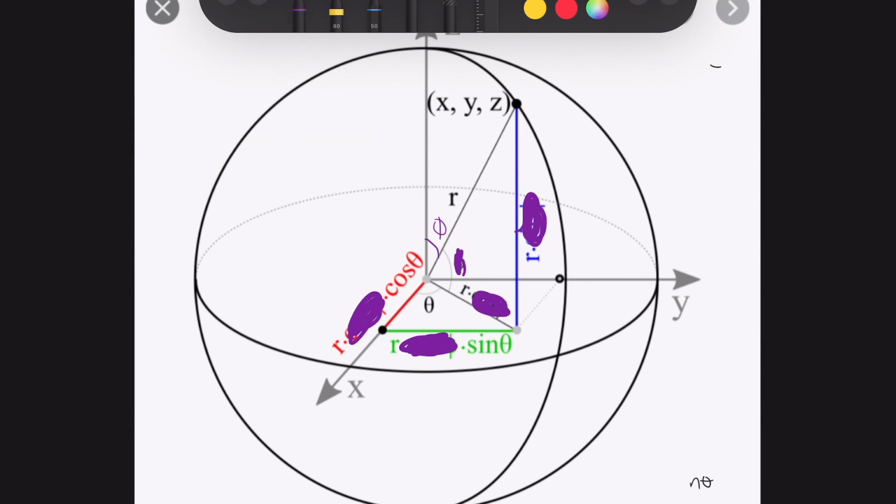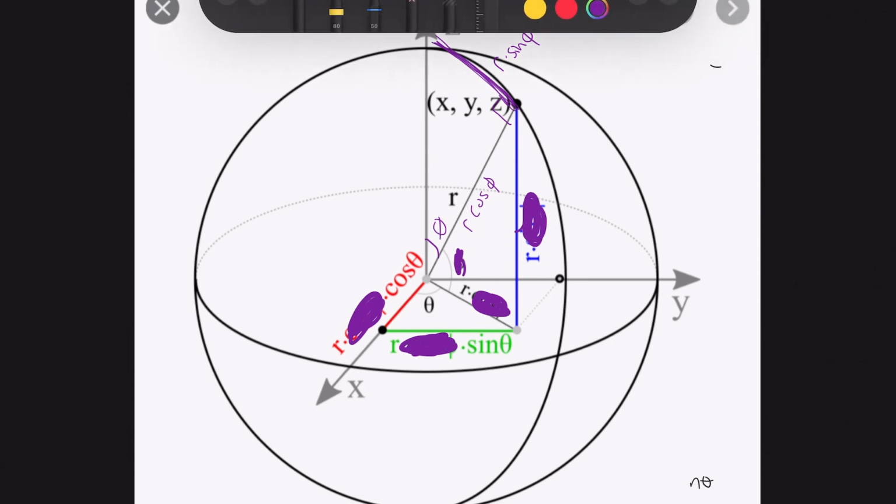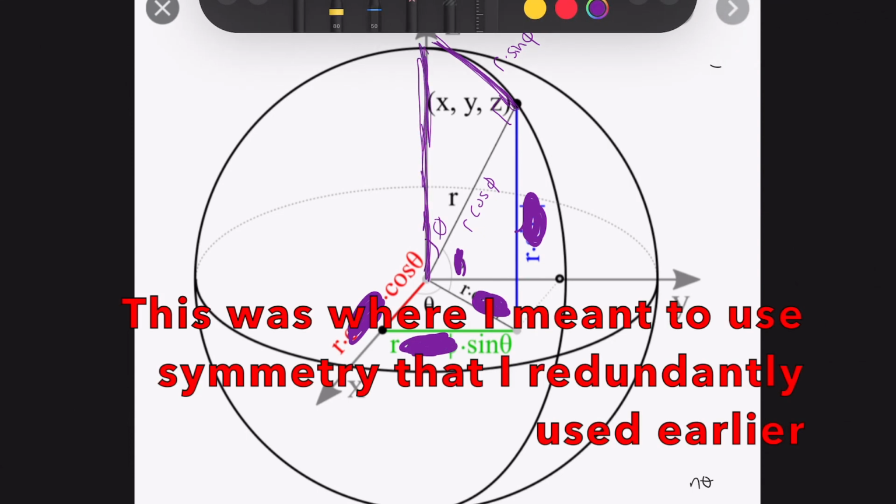And so if you had, looking if we had a triangle here, you would have r cos phi here, and then r sine of phi here. And then we can also just complete a rectangle this way.